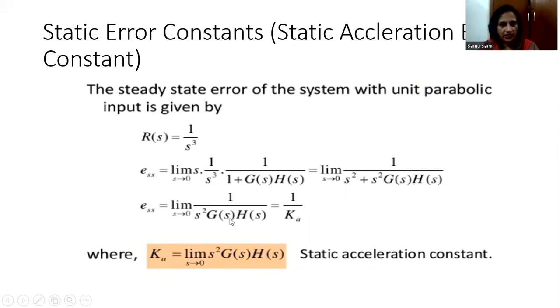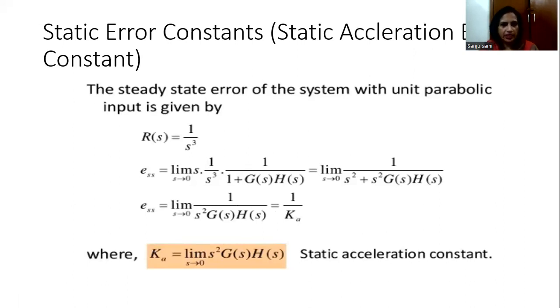When we put in this limit, it will become the limit of 1 divided by s square G(s)H(s) as s tends to 0. Now this expression in the denominator, as the limit s tends to 0, is termed as Ka, and this is called the static acceleration constant.